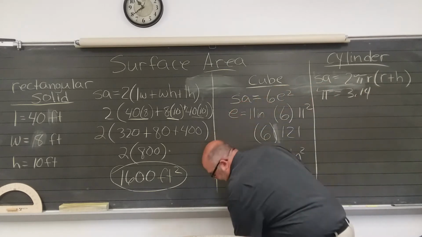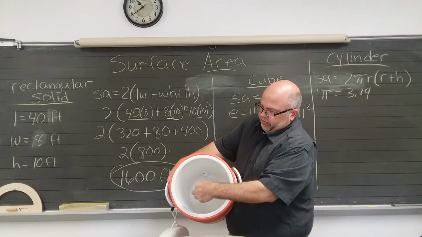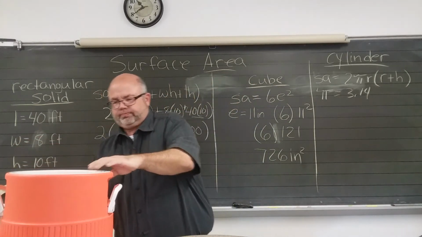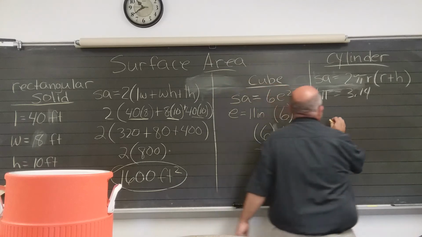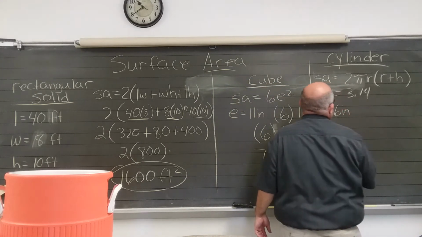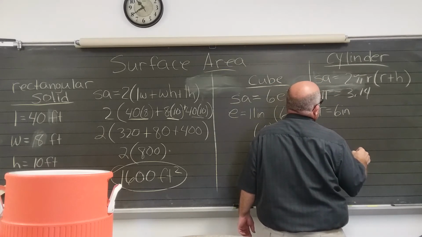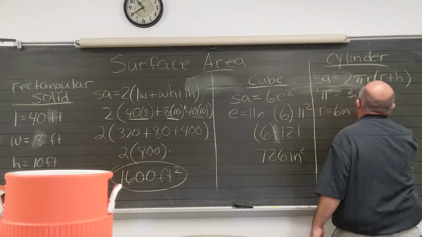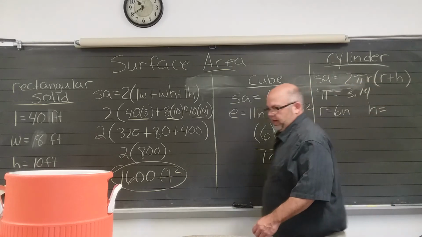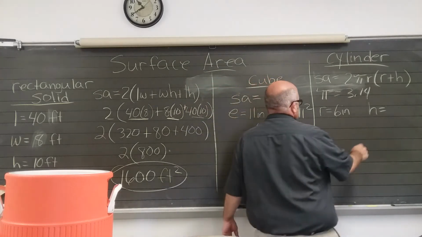R is a radius, halfway from the center to the edge on this thing, is 6 inches. So radius equals 6 inches. And let's put the height. How high is the figure? 18 inches.